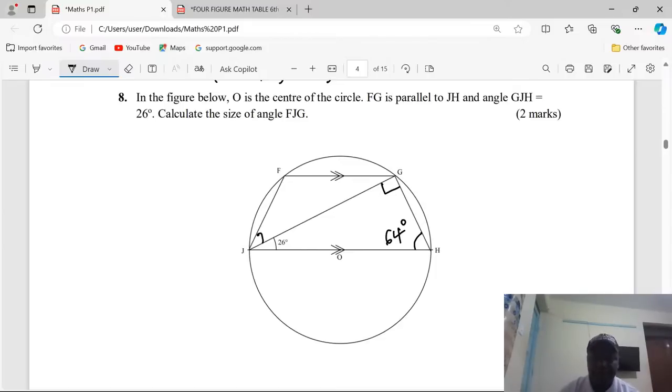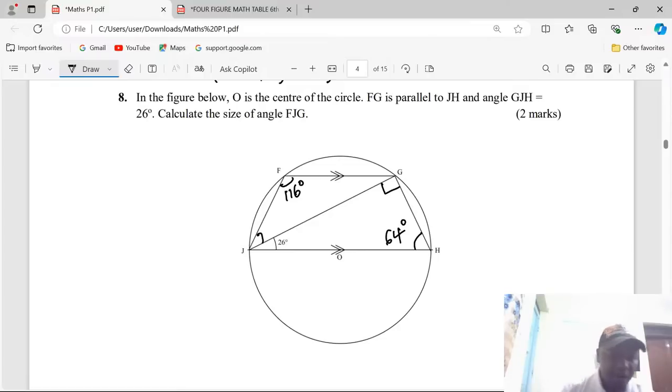Therefore, opposite angles are supplementary. So the angle 64 with the opposite angle here at F should give us 180. So 180 minus 64 leads us to concluding that the angle at this point is 116, because opposite angles are supplementary.